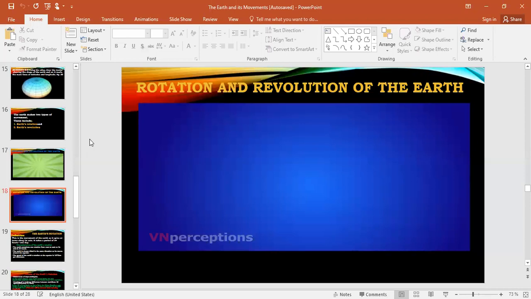Summer, spring, autumn, and winter in different parts of the world.